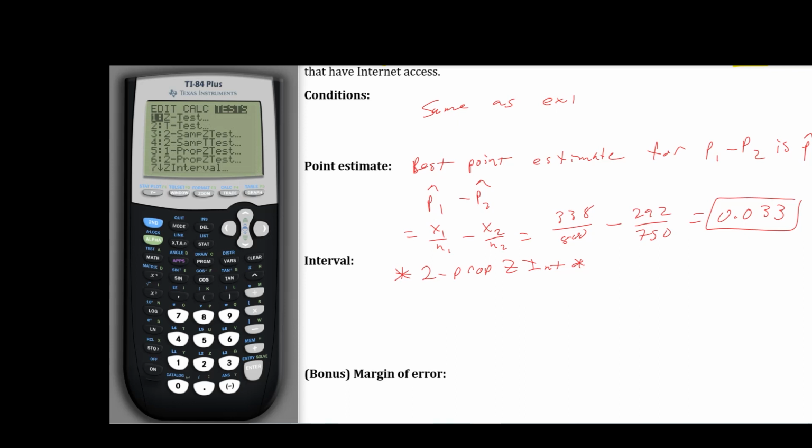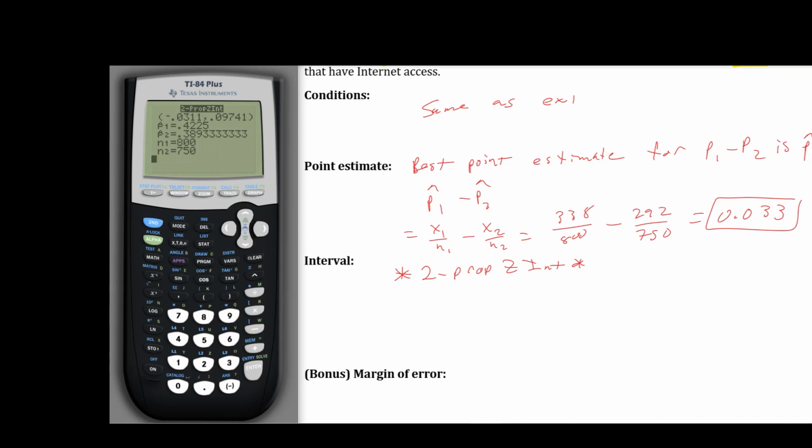Now in this case, we're going to do 2 prop z interval, which should be option B. I still have the same inputs from the previous problem, so I don't have to add anything there. The confidence level in the problem should be 99%, so I'll put 0.99 and calculate.